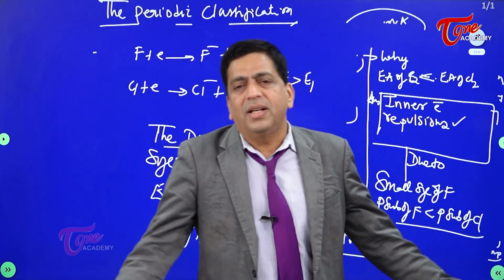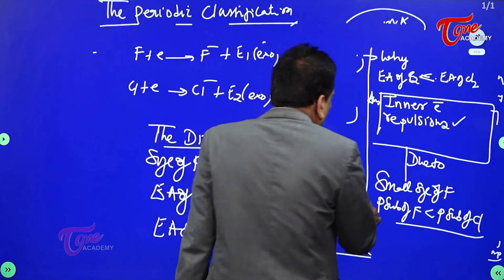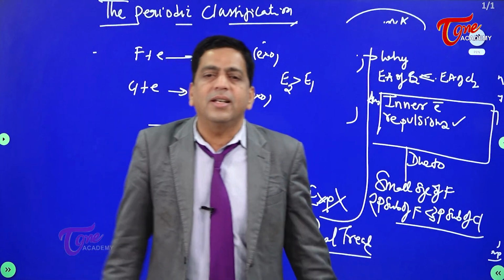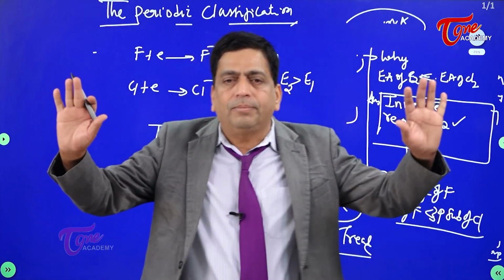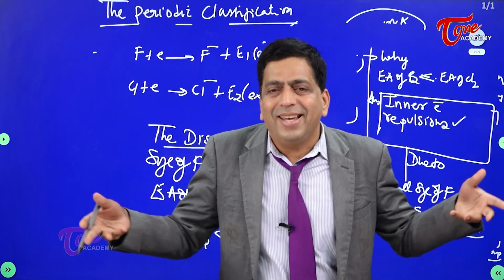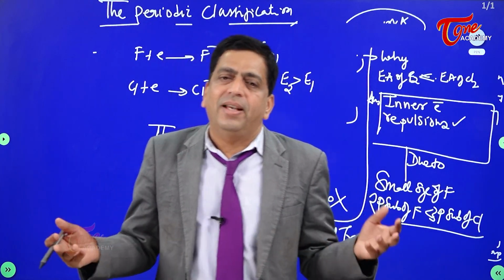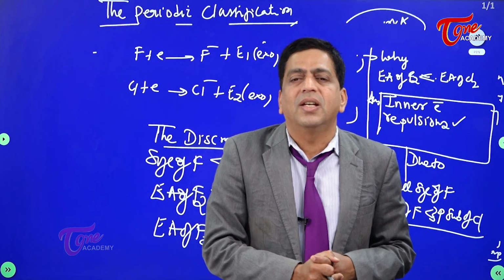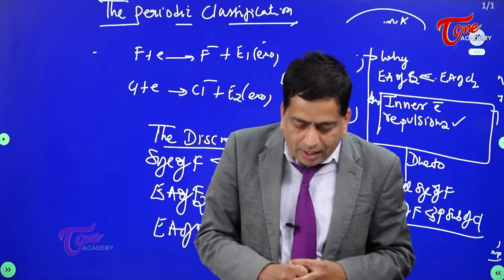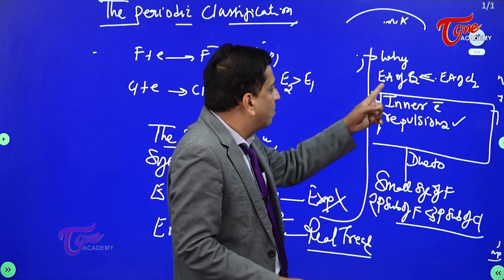Right? I can simply say the 2p subshell is smaller than the 3p subshell of chlorine, resulting in inner electronic repulsion, not inter. It's not inter. It's basically inner electronic repulsions, and thereby the value of fluorine drops below. And this is a theoretical question: why does the electron affinity of fluorine fall below chlorine?